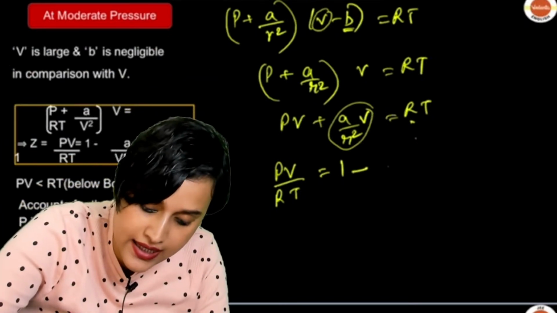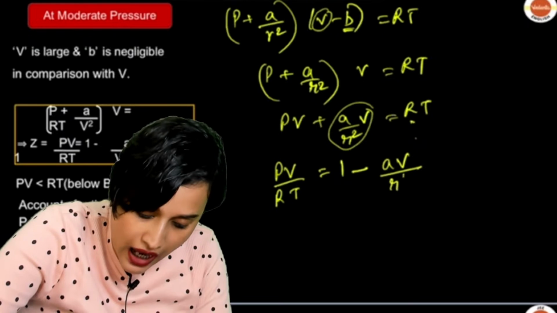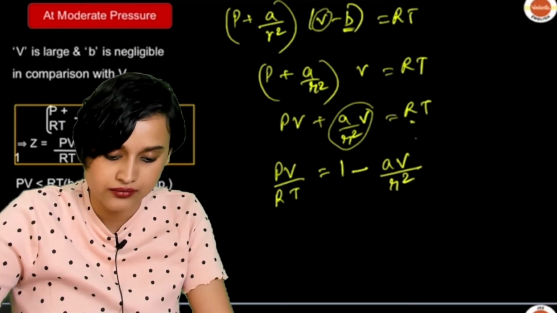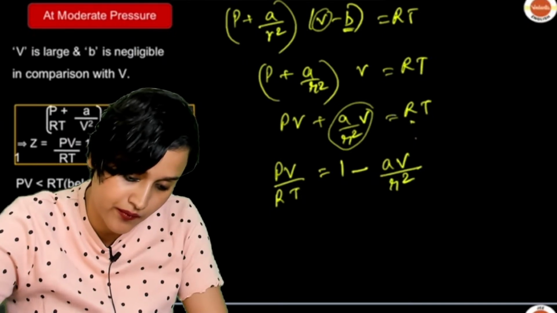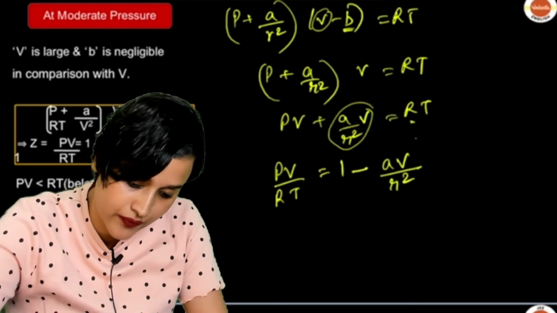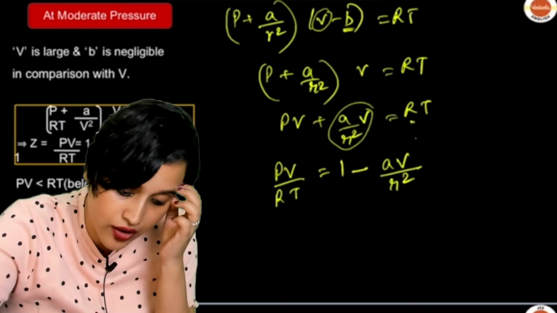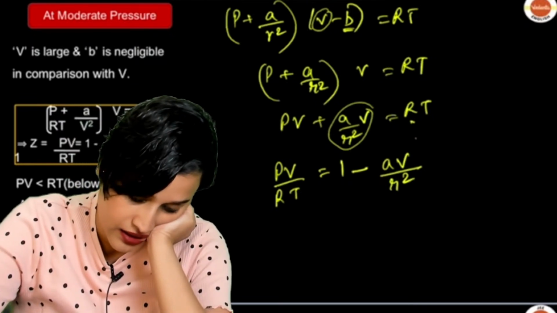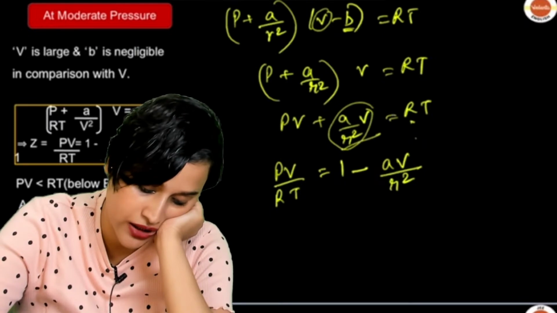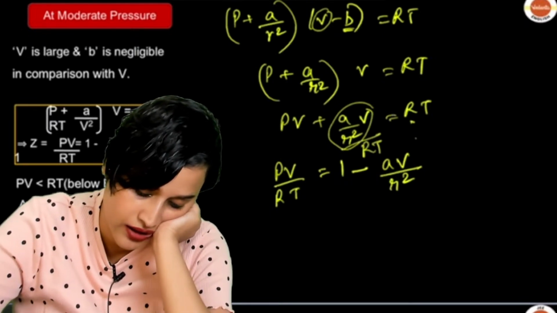So 1 minus A V by V square, and here also we will have to write RT. This will also be RT.